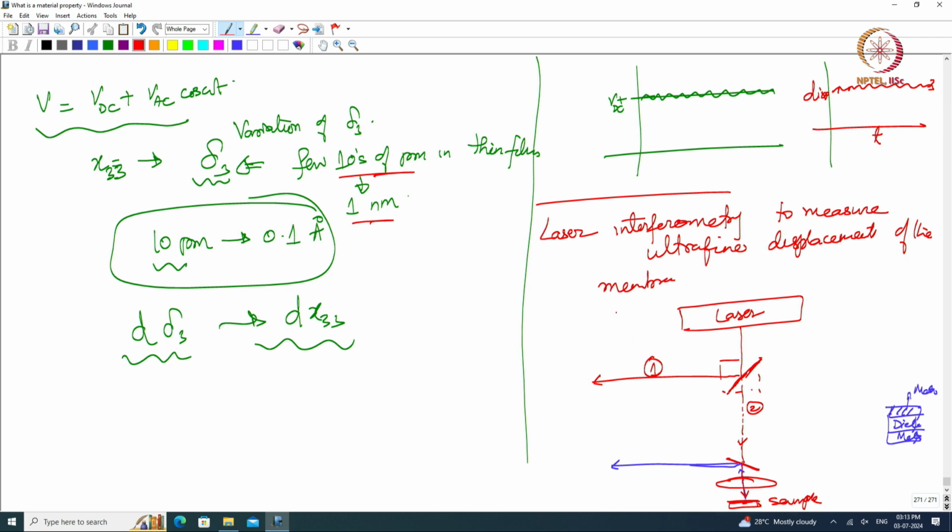Now, I put another mirror here, a 45-degree mirror, which brings this down here, and here I put another beam splitter. That means this light will go this way, whereas this light will proceed unimpeded. That is the nature of this beam splitter.